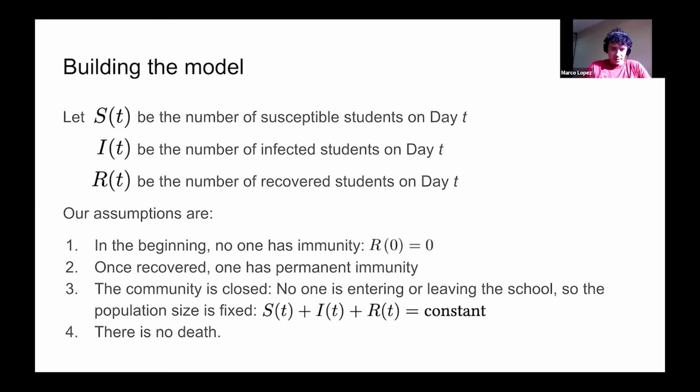We assume also that recovered means permanent immunity, so you don't go back to being susceptible after you recovered, and you're not infectious anymore at that point. Like I mentioned, the community is closed, so at all times, the sum of these 3 quantities, S plus I plus R, remains constant. We also assume recovered means really recovered: nobody dies from the disease.